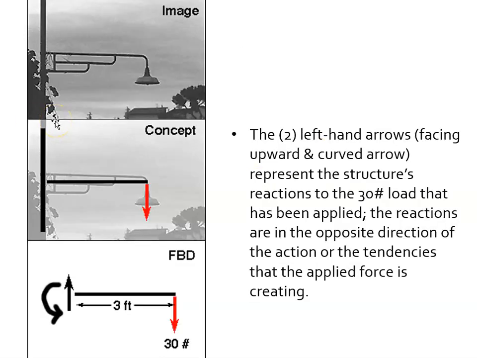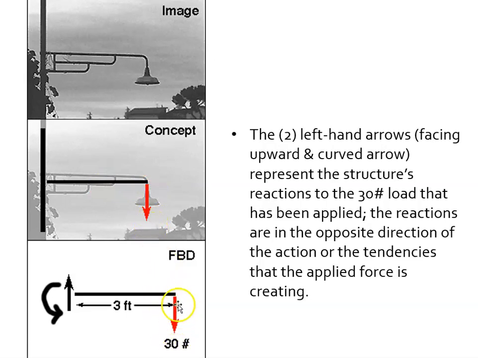So here's an actual object. Here's a column, a light post. Here is the arm, or the cantilevered beam, that supports the light, and there's the light. So column, horizontal support, light, and that's pulling down.